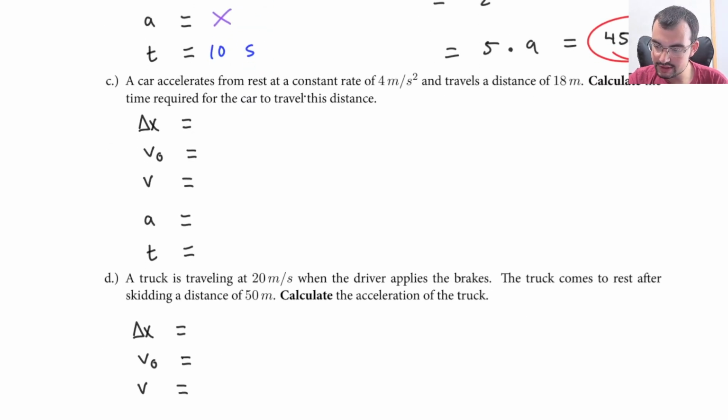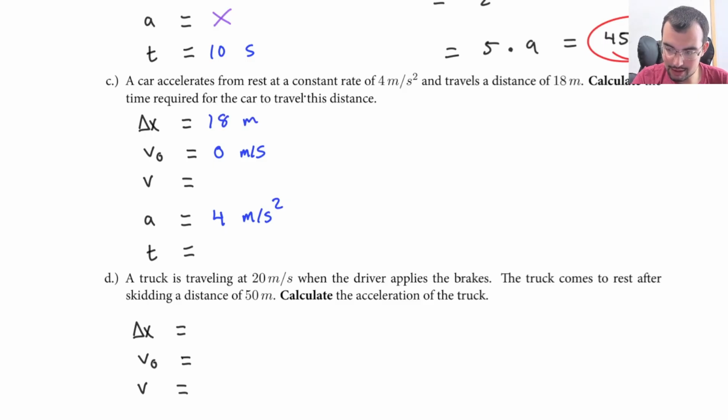All right, a car accelerates from rest. So be careful when you're seeing start and stop. That actually does give you a piece of info. It gives you one of the velocities is 0. It accelerates from rest at a constant rate of 4 meters per second squared and travels a distance of 18 meters.